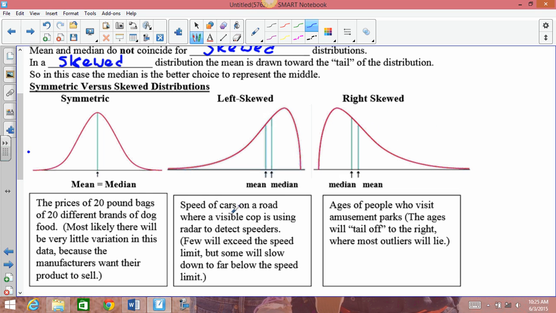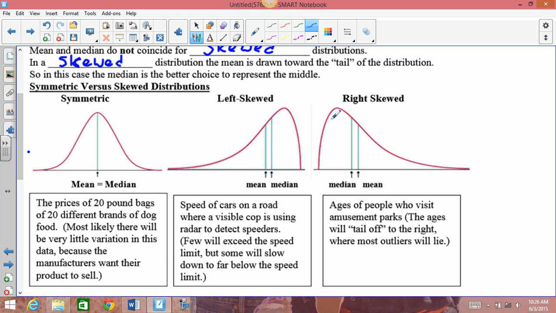An example for left skewed is something you've probably seen on the road. You're driving along, all of a sudden somebody spots a cop, and some people slow way, way down, kind of unnecessarily, and then there are those who are right where they should be, and then there are still a few saying, I don't care, I'm just going to keep trucking at the speed I was. That would be an example of being left skewed.